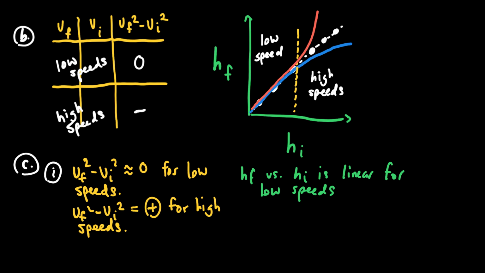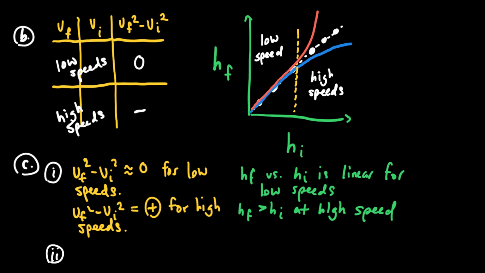And we could use a graph or a data table to say that at high speeds, if HF is greater than HI, then we've also violated the law of conservation of energy. In which case, we should expect that maybe there was a mistake that was performed in collecting the data, or a mistake that was made in making the graph, because we could never obtain final heights that were greater than the initial heights.